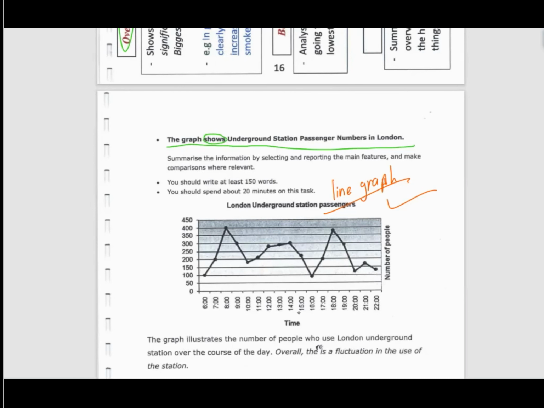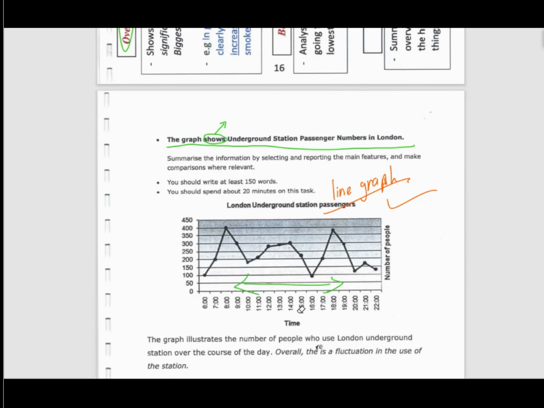So shows here means the present simple, because it's in front of you now. Even if there is a period of time in the past here, like 2010, 2005, they will still use the present simple here, shows. So you can say the graph illustrates. You still need the S here.